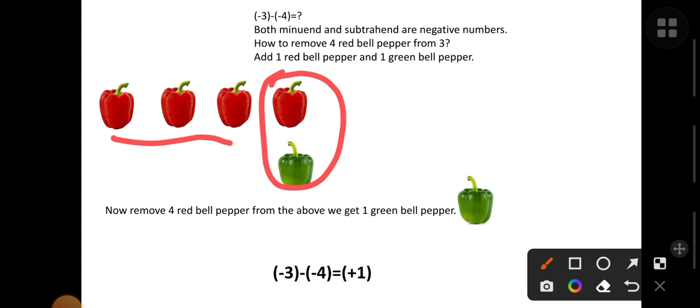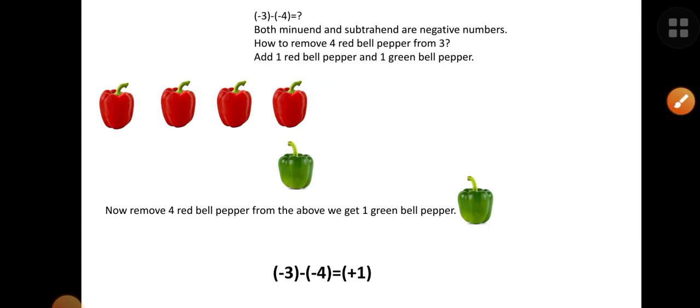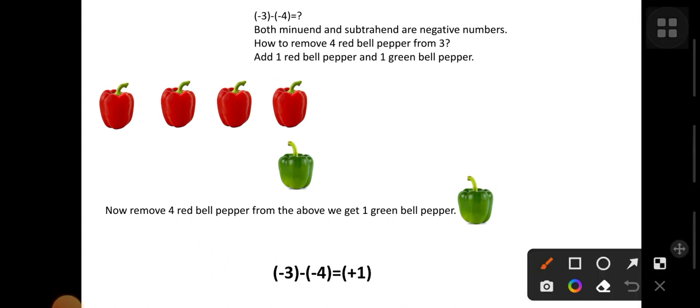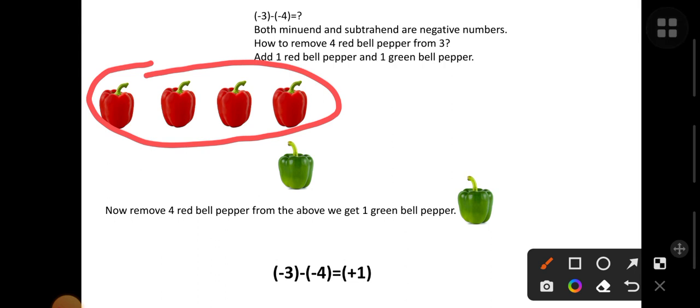Now it is possible to remove 4 red bell pepper. So what is remaining? Only one green bell pepper. Now remove 4 red bell pepper from the above, we get one green bell pepper.